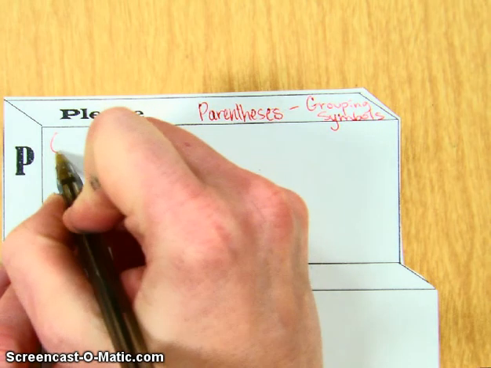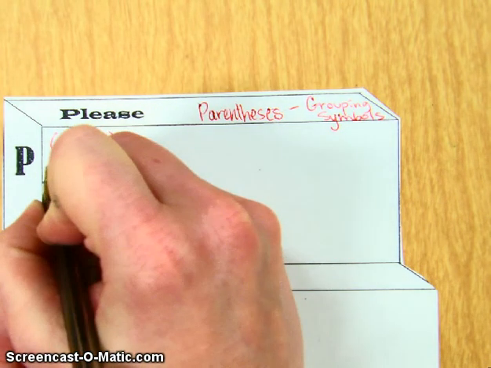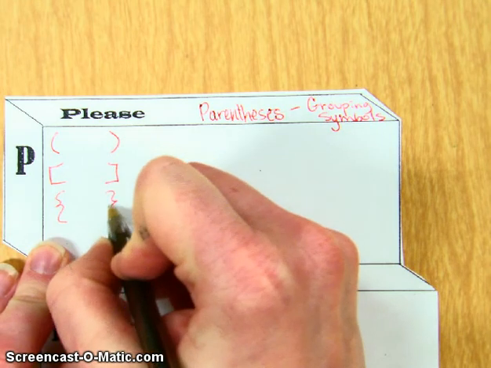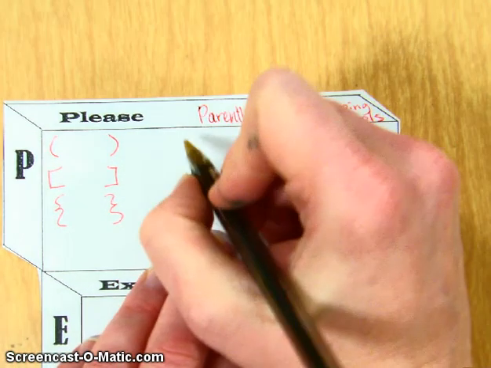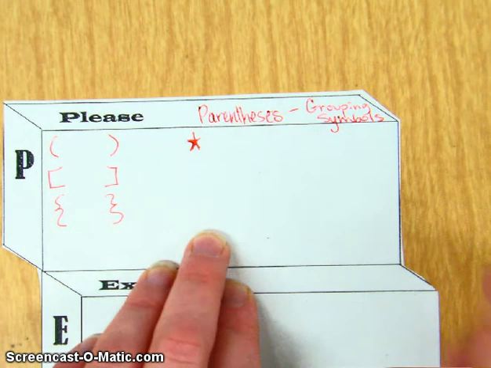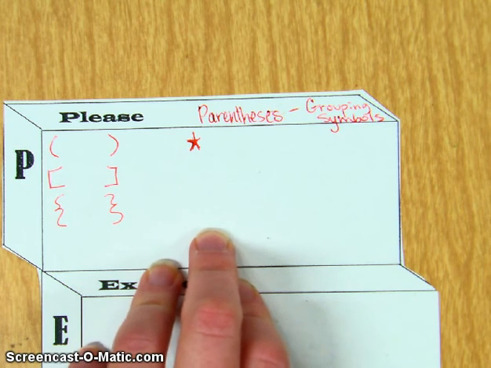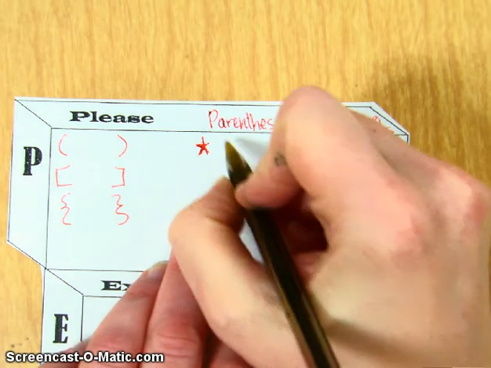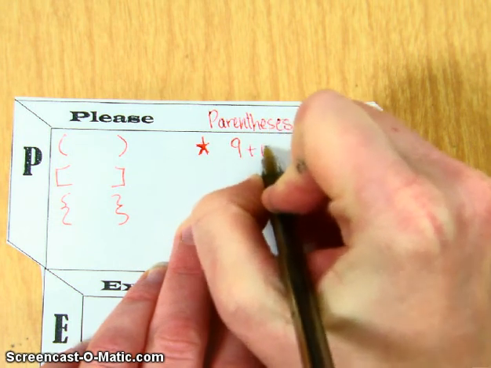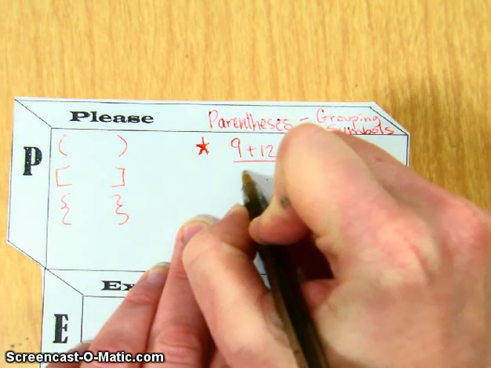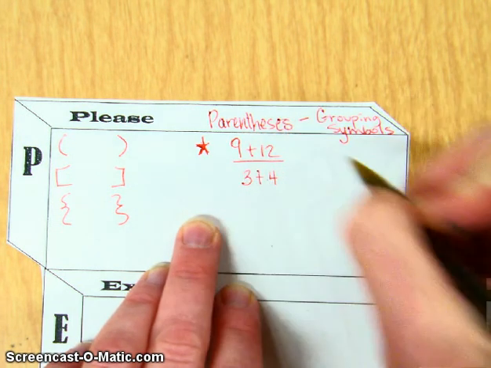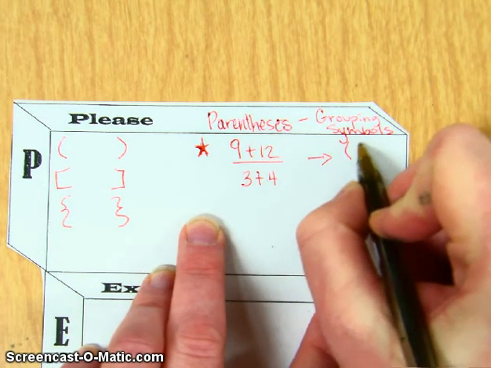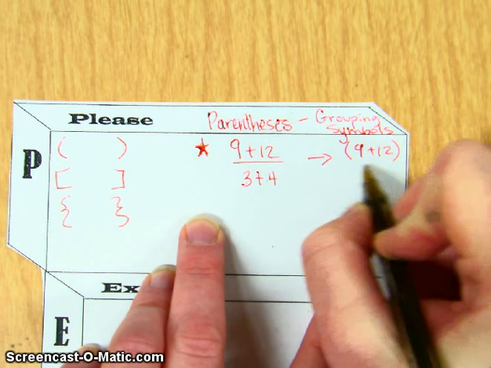So we could be talking about these grouping symbols, or these, or these. I would like to show you a special problem that has an understood sort of grouping symbol, but it doesn't actually give them to you. That would be something like this: 9 plus 12 over 3 plus 4. Okay, it's understood to look like this, even if it doesn't write it that way.